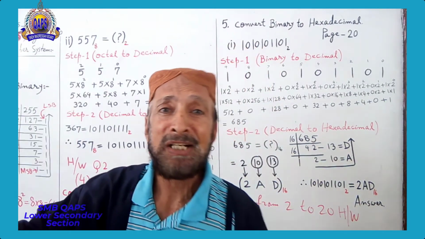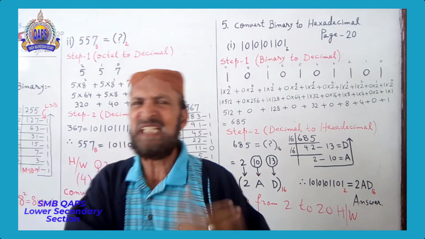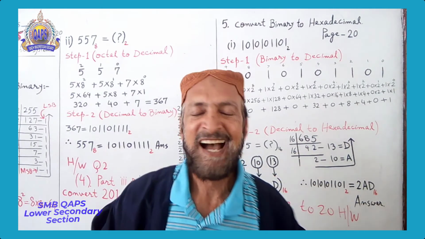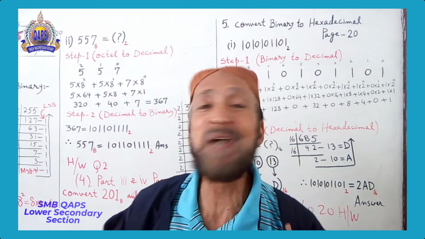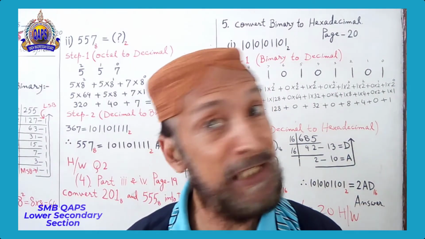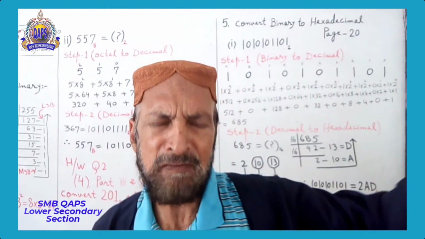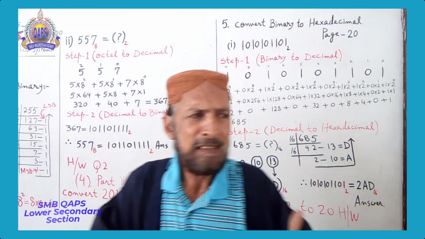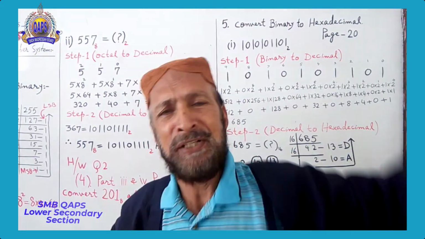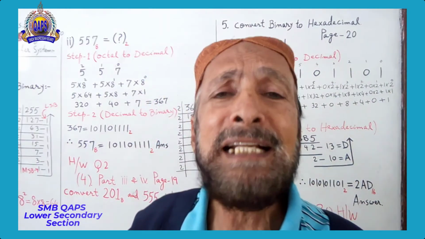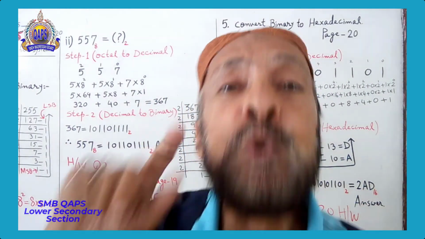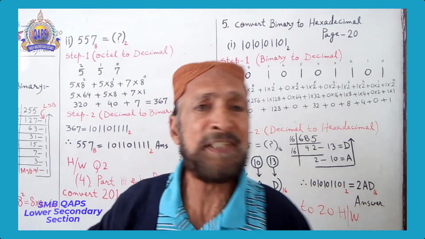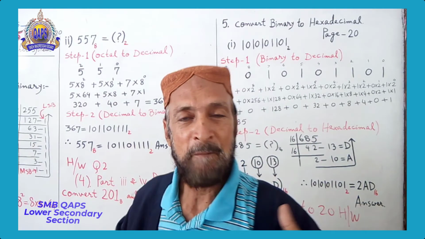My teacher punished me very badly. Why? I did not remember the table of 15. My teacher was saying, start the table of 15 with your speed. And the table was in Urdu.